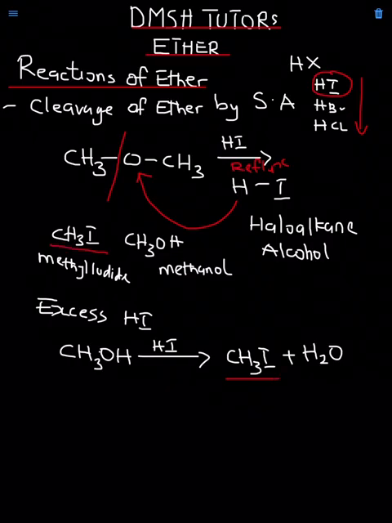So we are using excess acid. After the formation of the alcohol, the alcohol will still react with the excess acid, the hydrogen iodide, to form haloalkanes or alkyl halides.